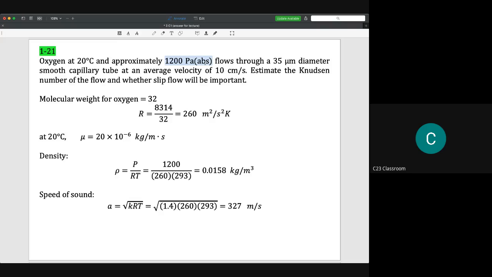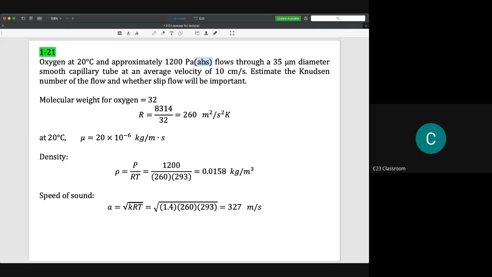That's the difference between absolute pressure and gauge pressure. So to differentiate the values of pressure, for absolute pressure we use the bracket ABS. So here, if you have 1200 Pascal ABS, it is actually lower than the atmospheric pressure, so it is quite some kind of a little bit of vacuum on the Earth.